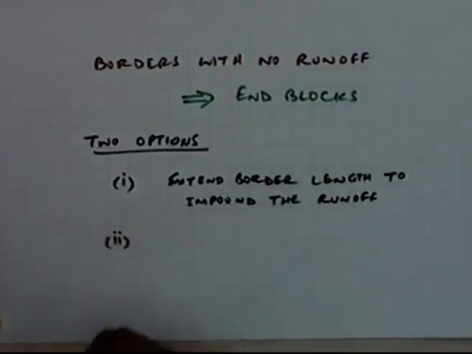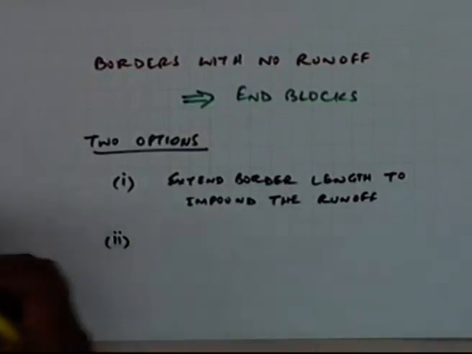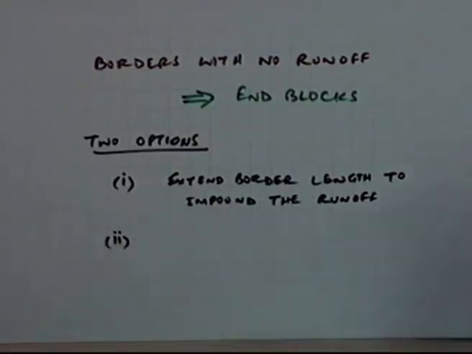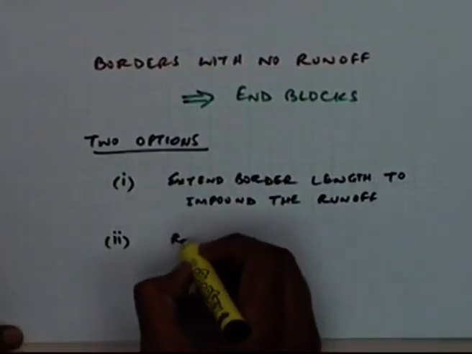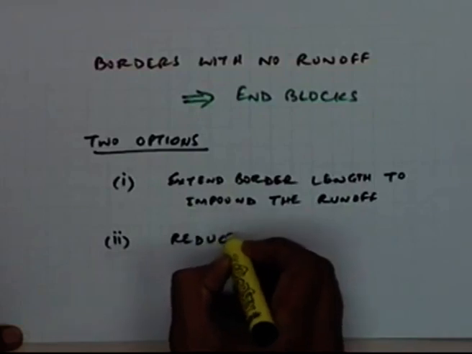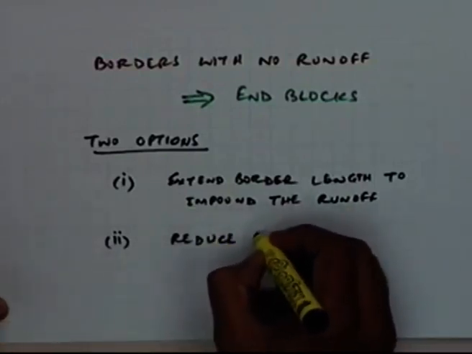handling this problem. The second possible manner can be to reduce the stream size. So in the second case, you can reduce the inflow rate.